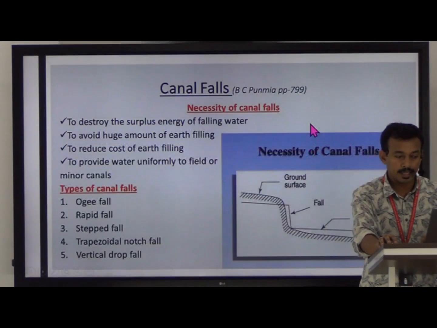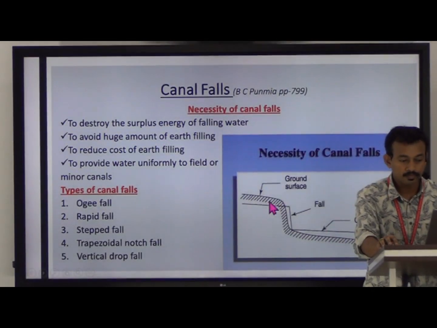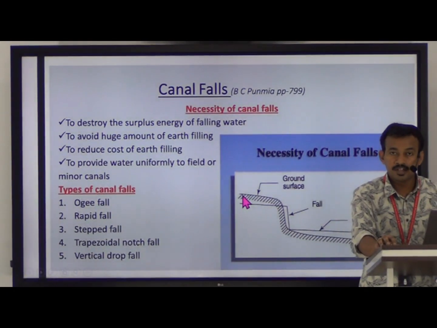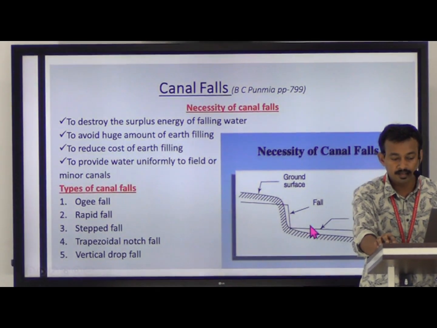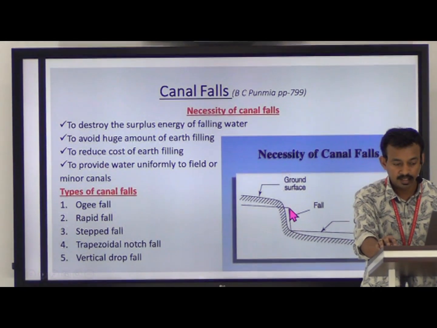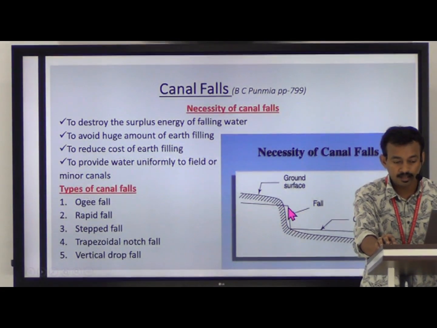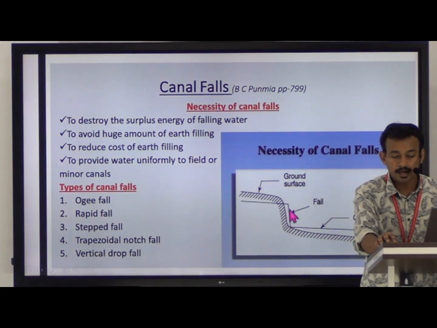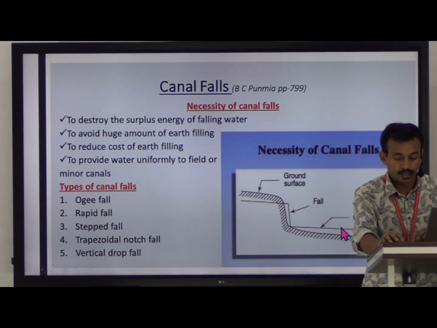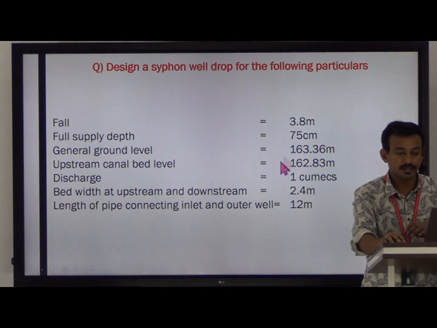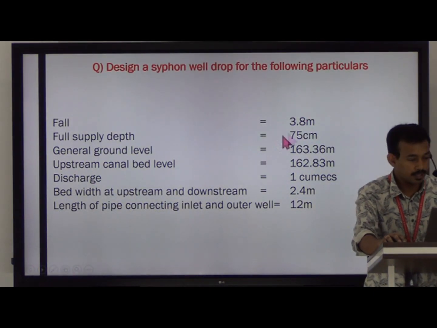Fall 3.8 meter means the elevation difference between the upstream canal bed level and the downstream canal bed level. This is the fall height, and the height difference between the upstream canal bed level and downstream canal bed level, the fall here, is 3.8 meter.